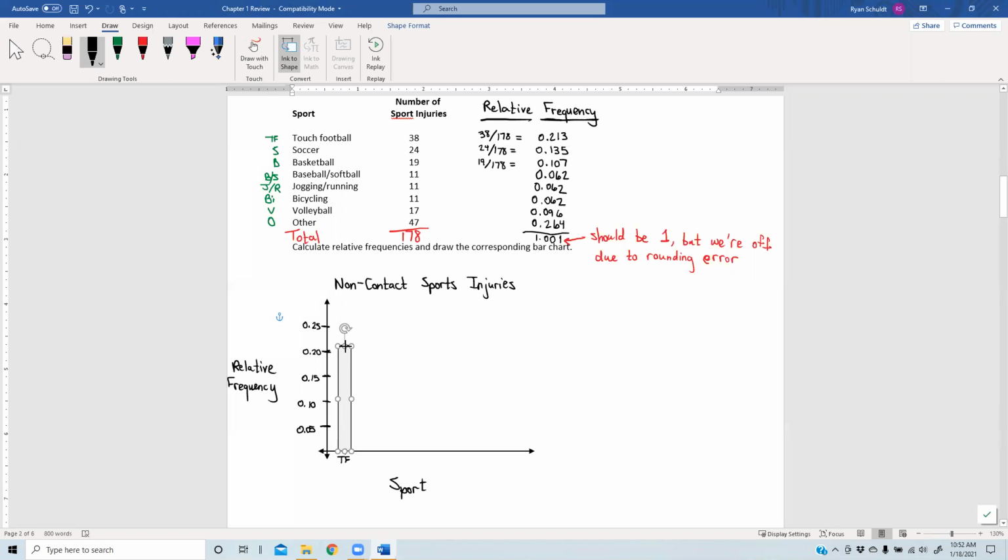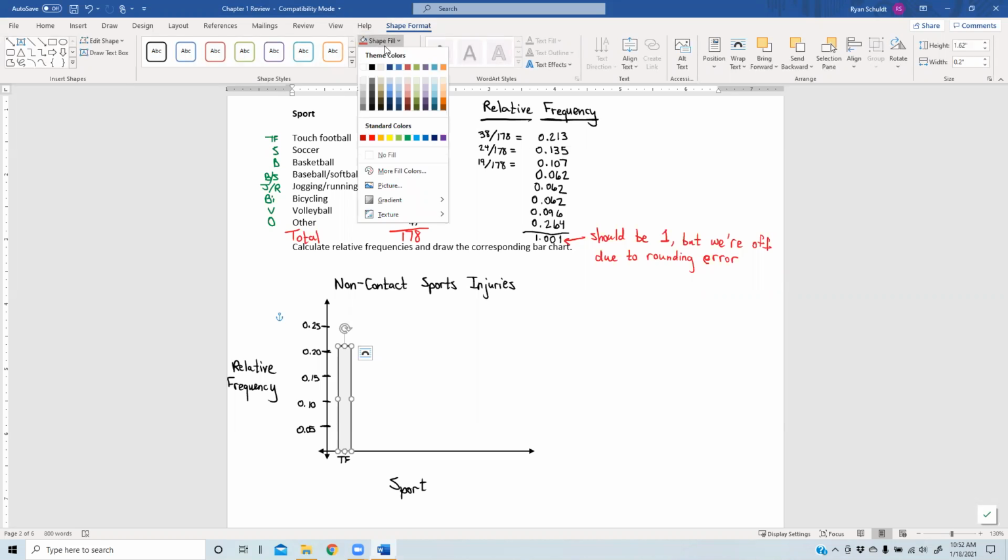Maybe make it a tad bit taller. I'd say that's good.